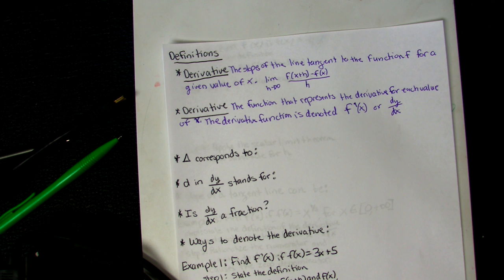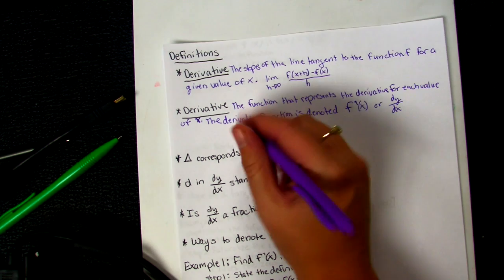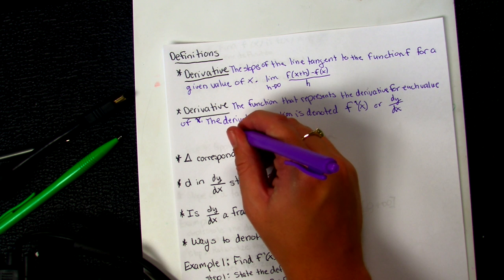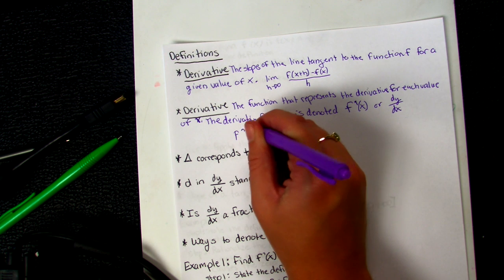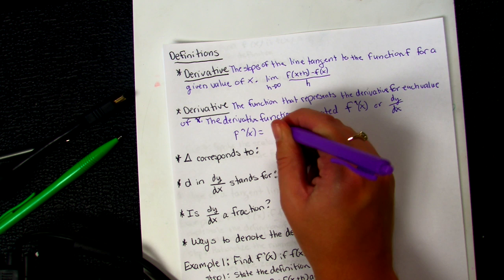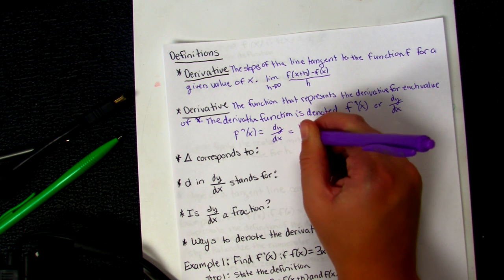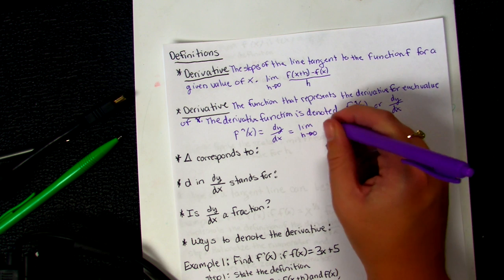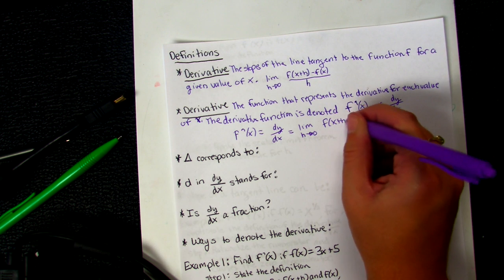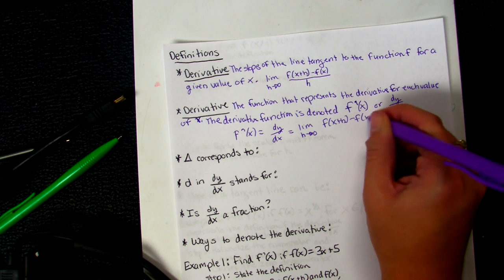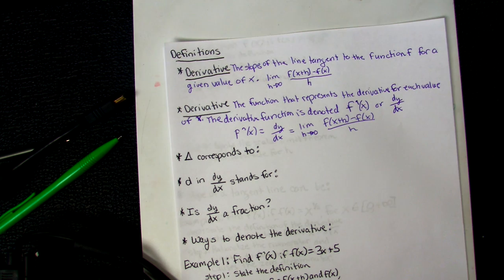So that's how it's denoted. So we would have something like f prime of x, which is the same as dy dx, which is the same as the limit as h approaches 0 of f of x plus h minus f of x over h.